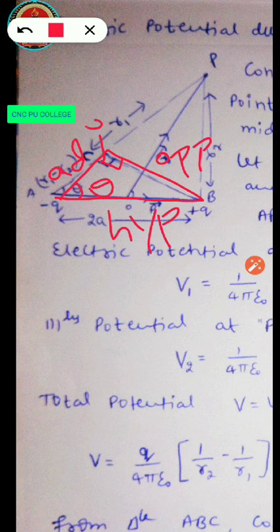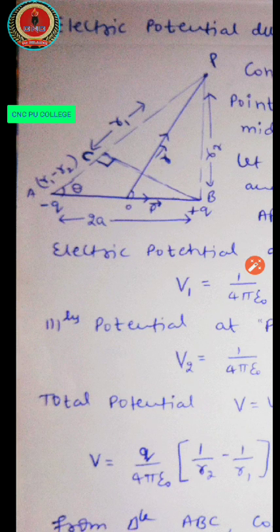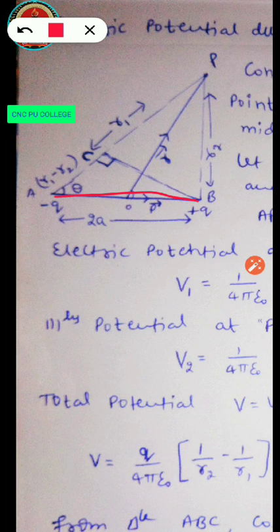Now we want r1 minus r2. That means we want the adjacent side. So in the triangle ABC, we want the r1 minus r2 value. So we can have cos theta here, because we want r1 minus r2, which is the adjacent side.